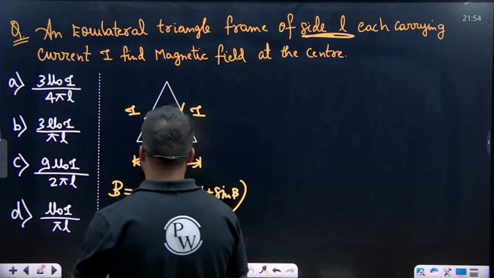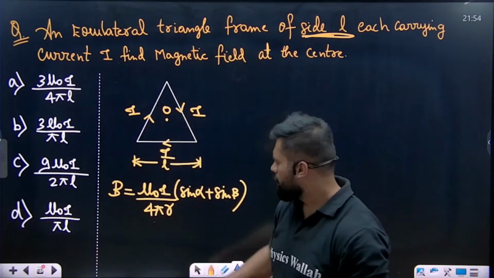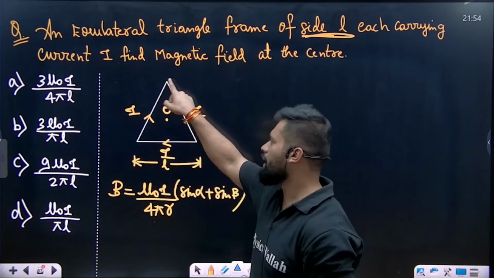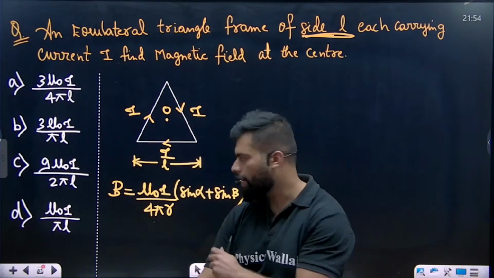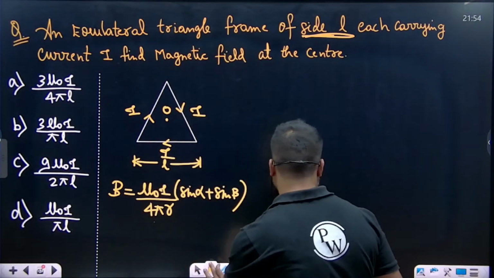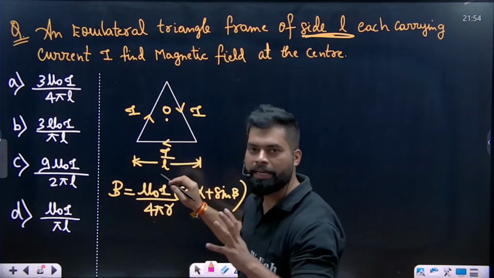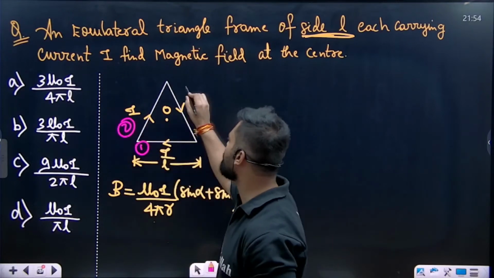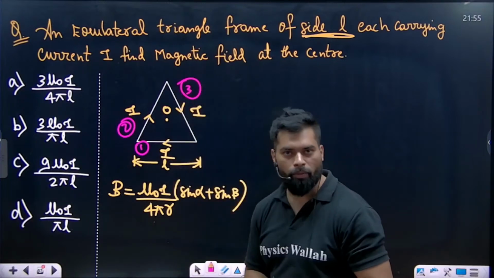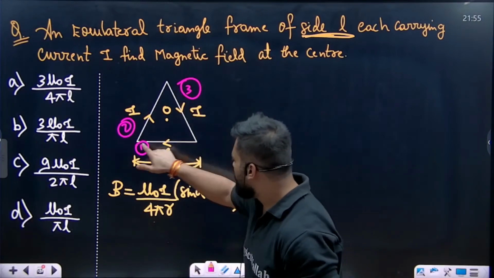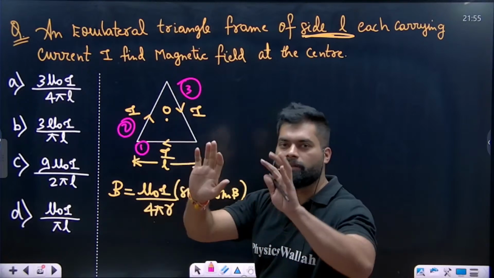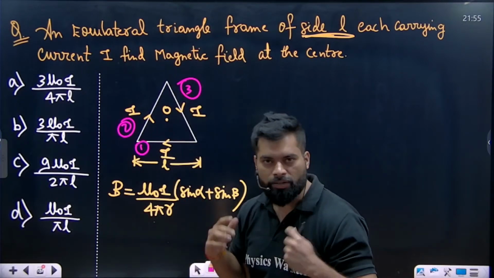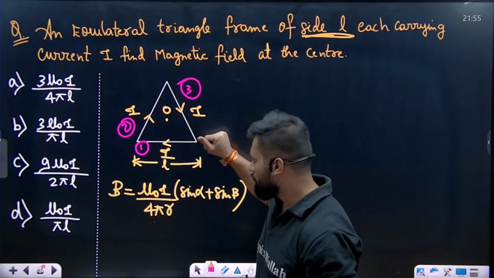You can see that this is an equilateral triangle, so the length of each wire is the same. Now let us divide this triangle into 3 current carrying wires: first wire, second wire, and third wire. Now we find the direction of the magnetic field produced by each wire.